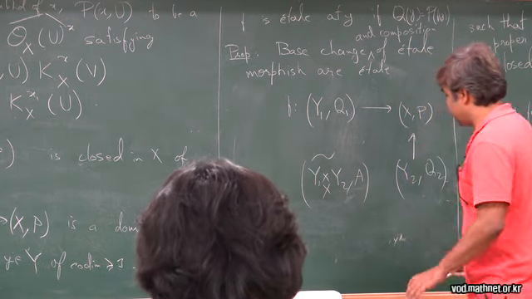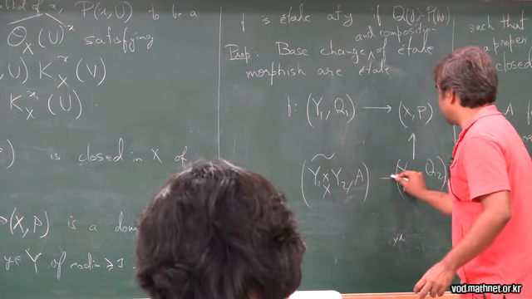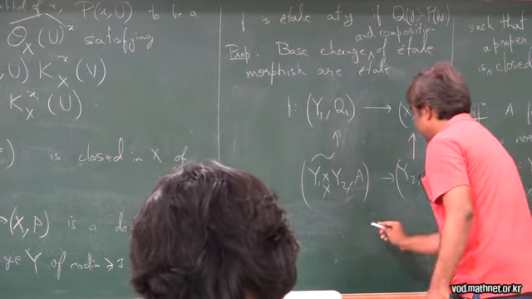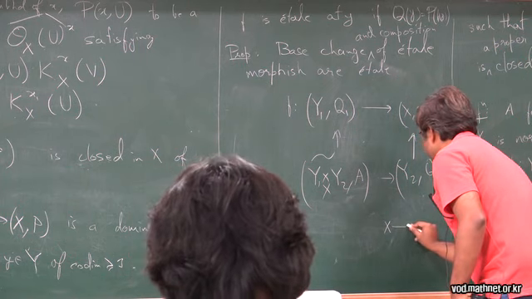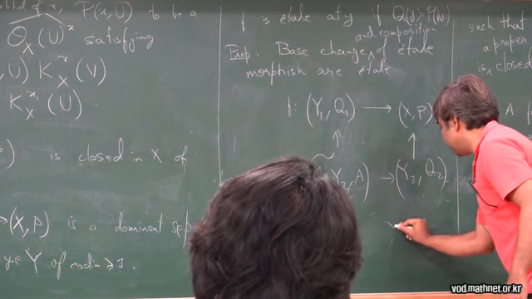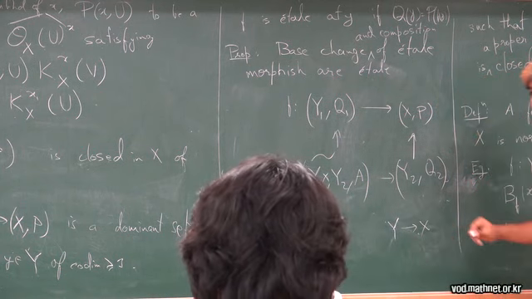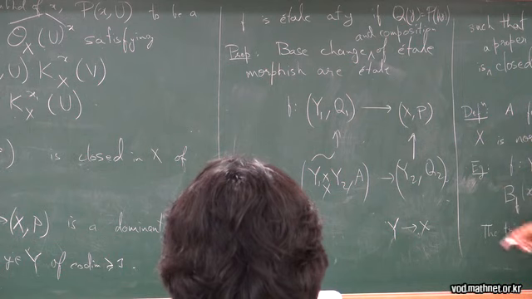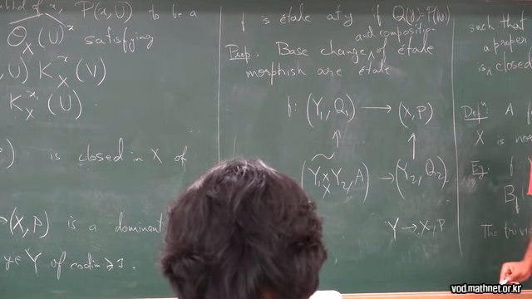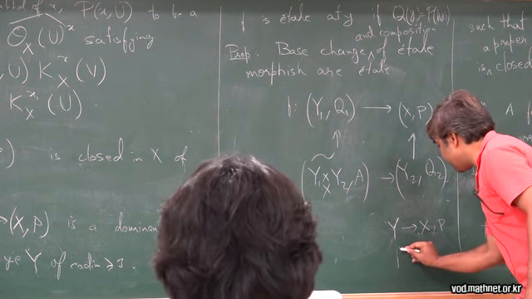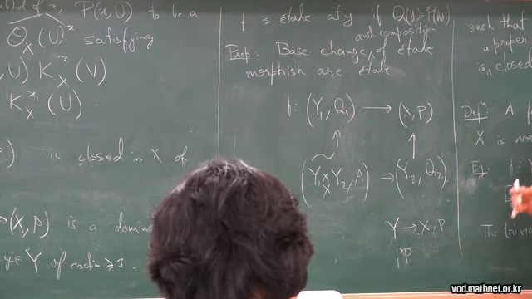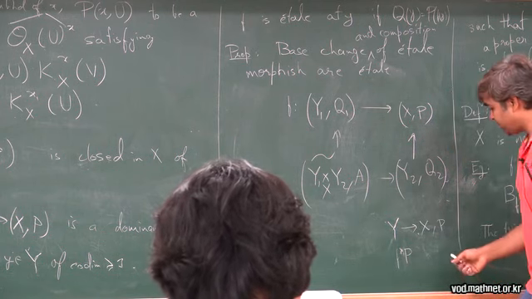I won't get into detail, but the point is, if you have Y to X, some finite, quasi-finite, dominant, separable morphism f, and you have a branch data here, say p, then you can cook up f upper star p, which will be a branch data on Y, some natural thing which you can guess.